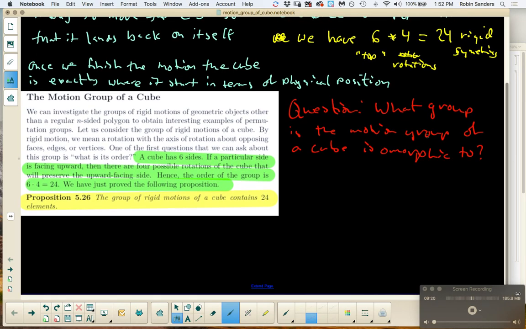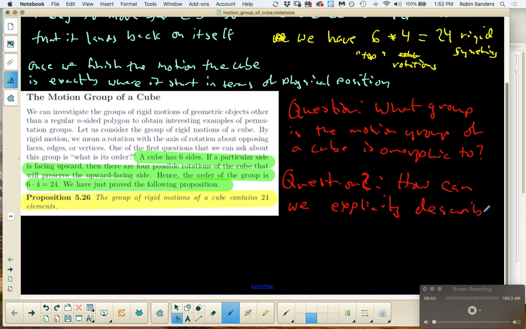So the other question that I want to be thinking of, question 2, is: how can we explicitly describe each of the rigid symmetries of a cube?